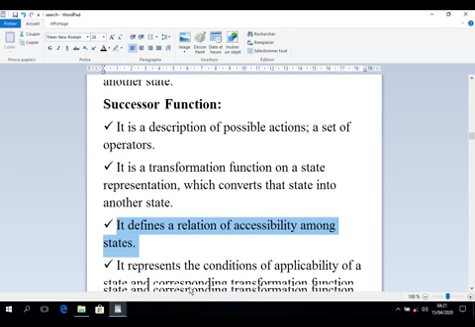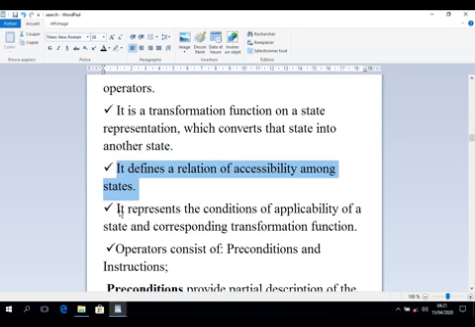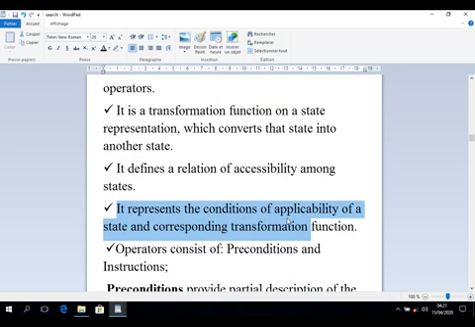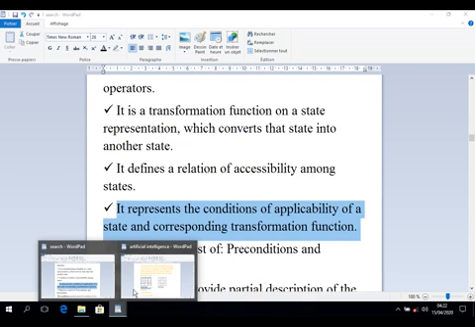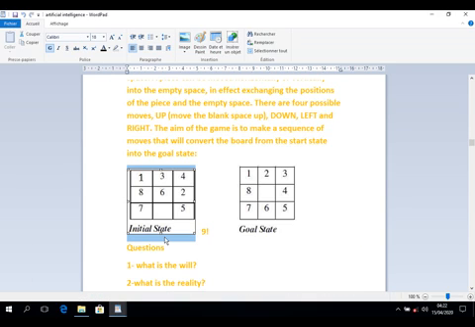When we also apply the left function, we obtain 1, 3, 4, 2, 5, 7, empty, 8, 6. So that is another state that is accessible directly from this one. So that is the accessibility.